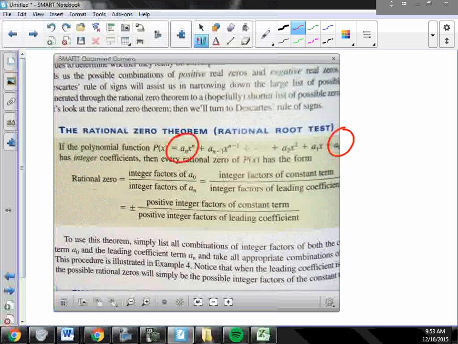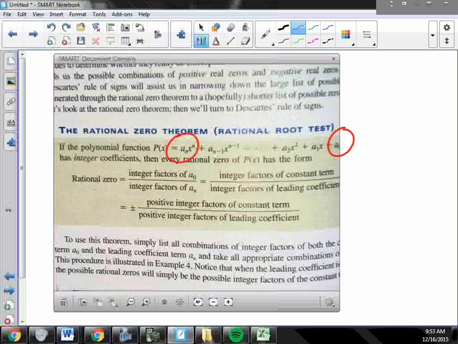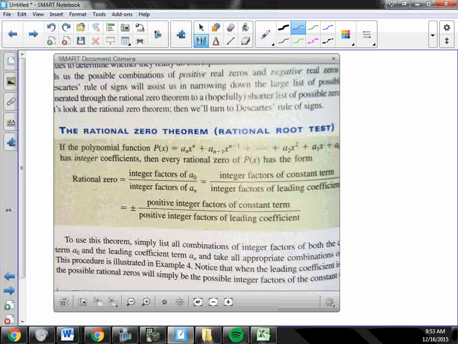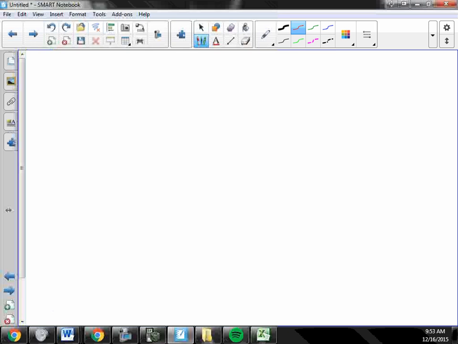Pi doesn't work. But if there are integer coefficients, 1, -3, 7, then the rational zeros are any integer factors of the constant divided by any integer factor of the leading coefficient. Okay? So really, you don't need to know anything about the polynomial except the first term and the last term.